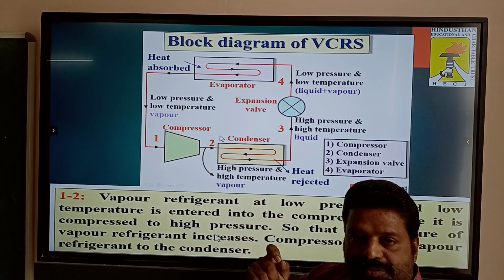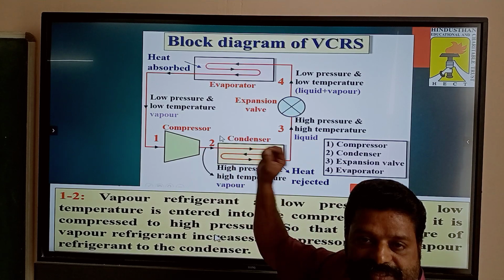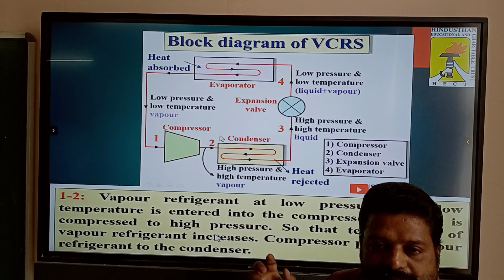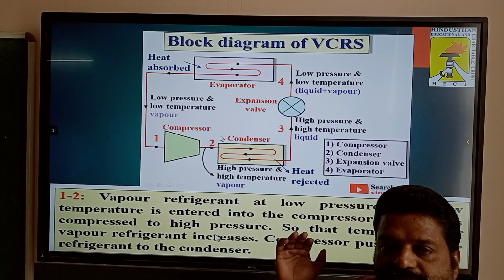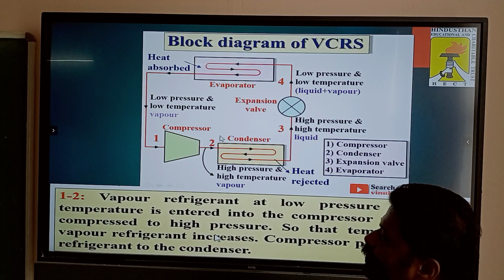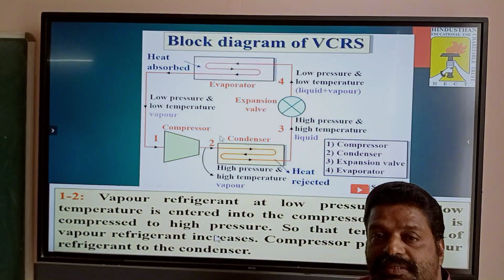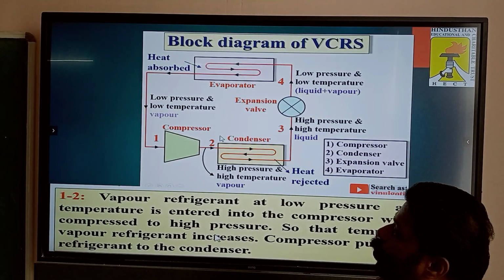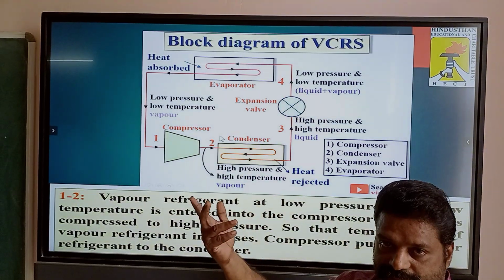The compressor is a reciprocating type, with a piston cylinder arrangement. It reduces the volume, so when the volume is reduced, the pressure automatically increases.